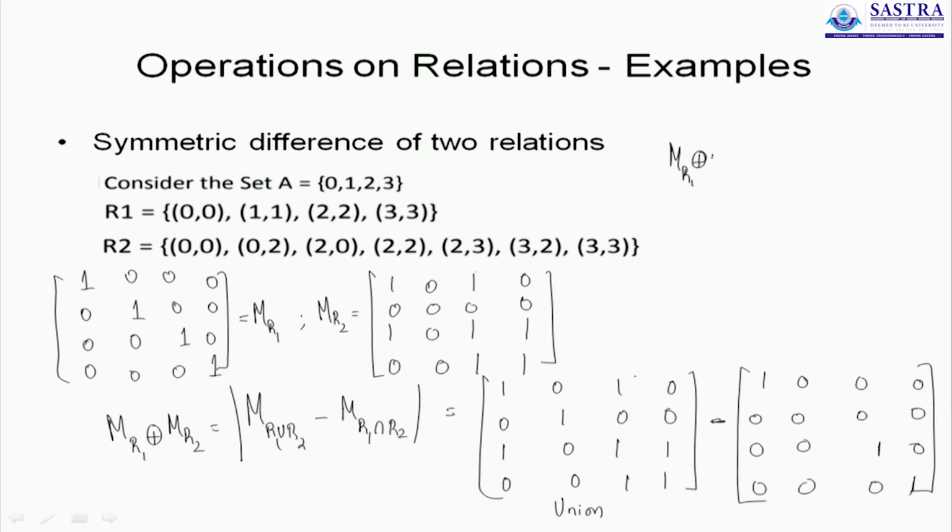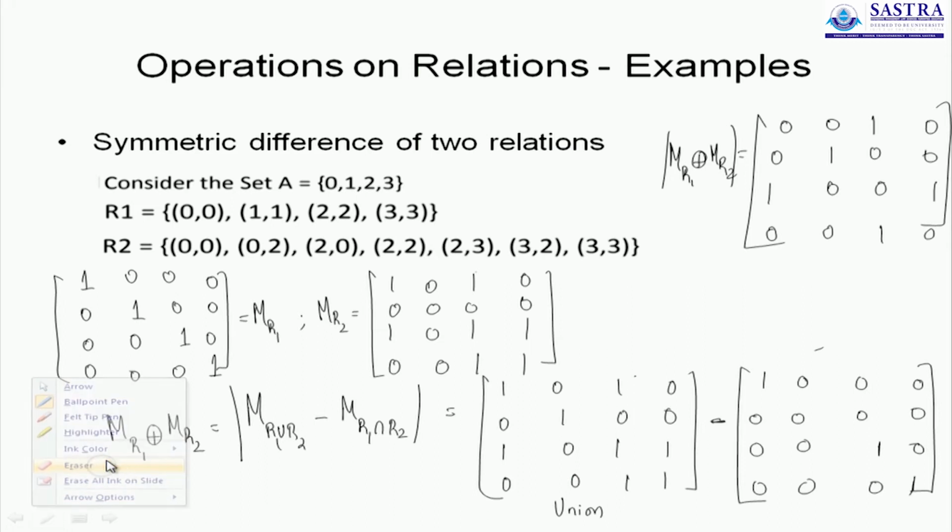MR1 plus circle MR2 will just be this difference under the modulus. So that will be 0, 0, 1, 0, 0, 1, 0, 0, 1, 0, 0, 1 and 0, 0, 1, 0. Only these ordered pairs will be part of your symmetric difference.